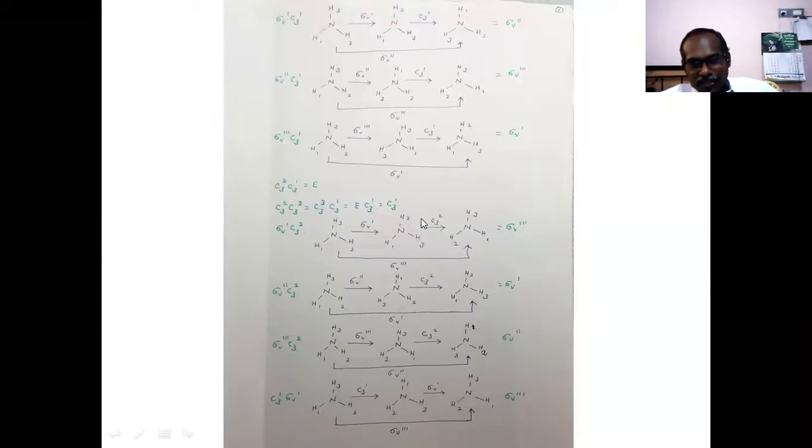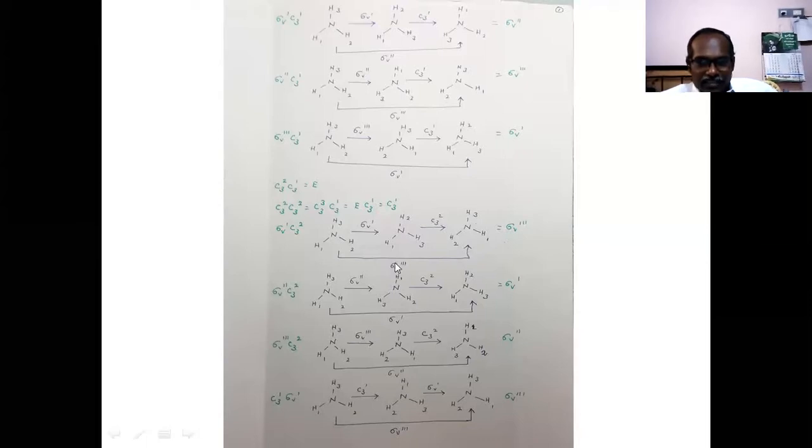Now I am operating the second operation, C3 twice. C3 twice means 240 degree rotation. Therefore, the 1 will move to the position of 3. Look here. 2 will move to the position of 1. Look here. 3 will move to the position of 2. So this is the result of 2 operations.